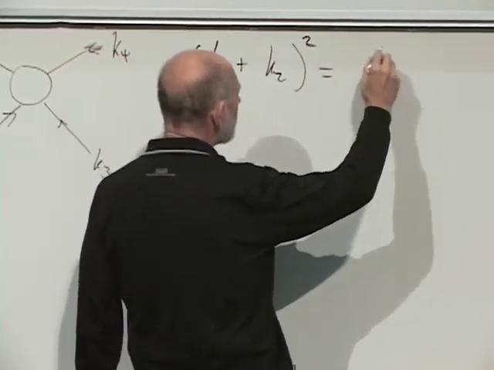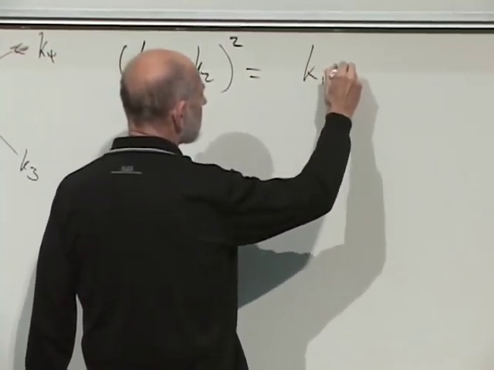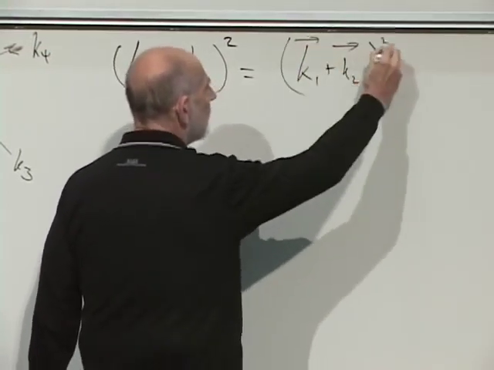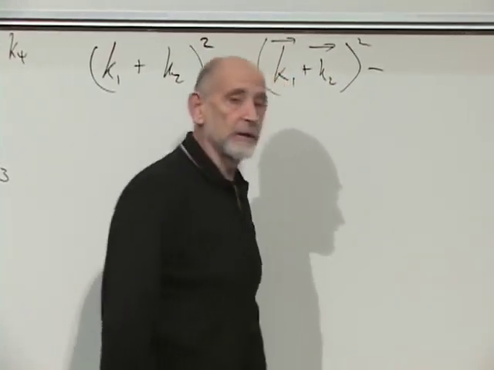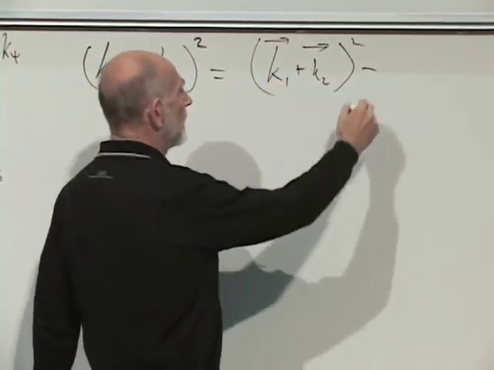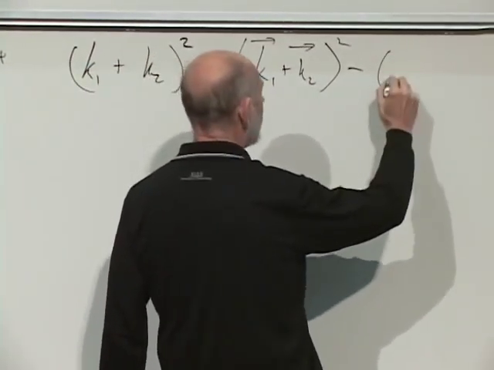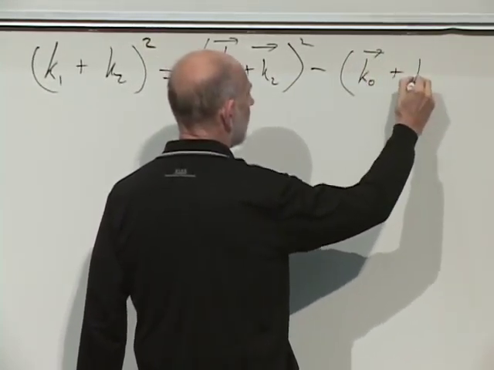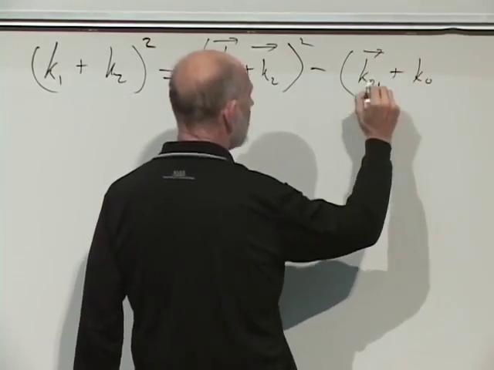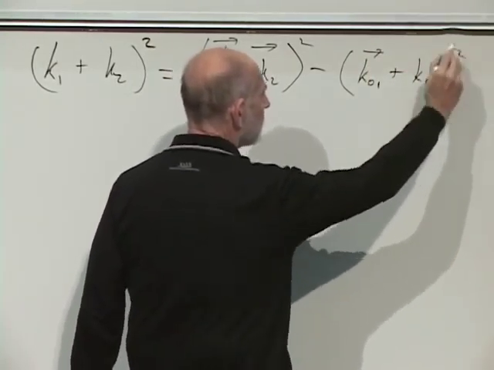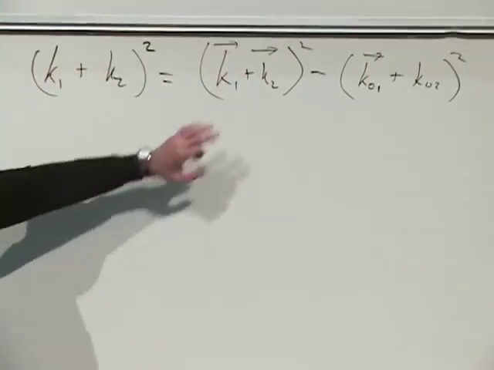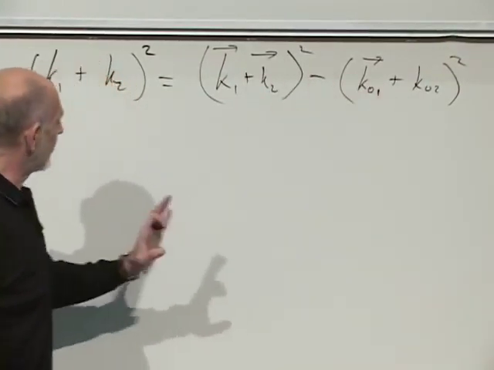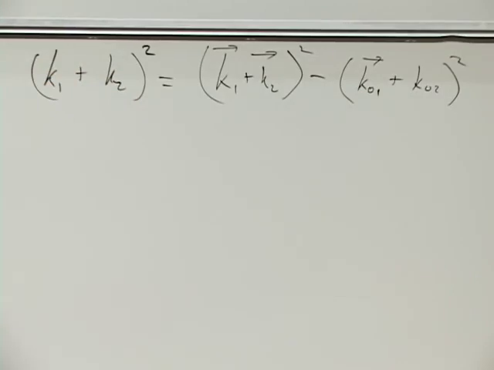That means the space components of K1 plus K2, which I'll label with arrows, squared, minus the time component, which means the energies. Let's label them K0, K0 means energy. K0 1 and K0 2 squared. You sum the momenta, square it. You sum the energies, square it, and subtract. And that's called K1 plus K2 squared.